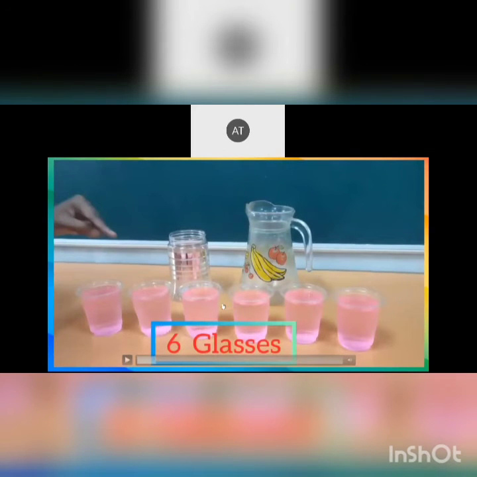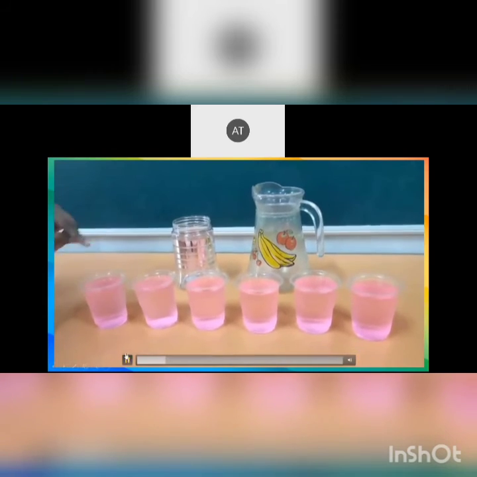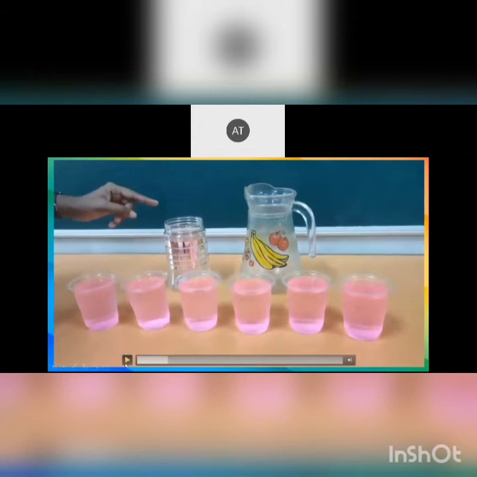So 6 glasses of juice and we have 2 jars. Now we are going to pour the glasses of juice in the first jar to check whether it can hold all the 6 glasses of juice. Shall we do that? Yes. We are going to see whether it can hold all the 6 glasses or not.